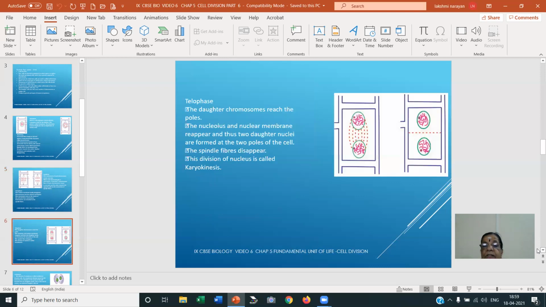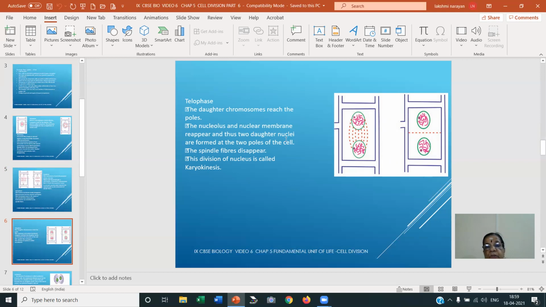Then the next one is the telophase stage, which we divide into early telophase and late telophase. Here the daughter chromosomes move to each pole. The nucleolus and nuclear membrane reappear.